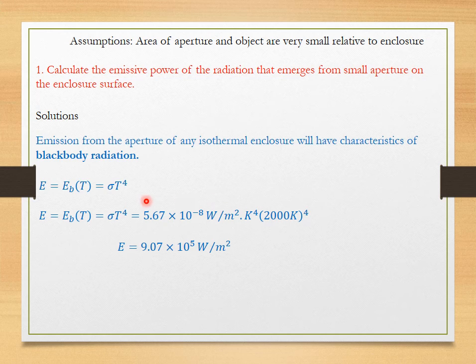This 5.67 times 10 to the power of negative 8 is the Stefan-Boltzmann constant. Then just insert our temperature, 2000 Kelvin, to the power of 4. Okay, and then we get E equal to 9.07 times 10 to the power of 5 watt per meter square.